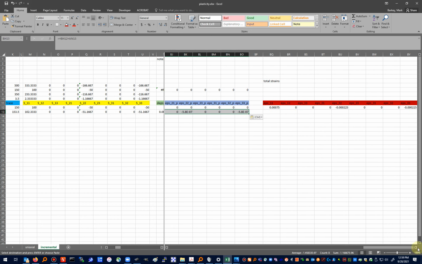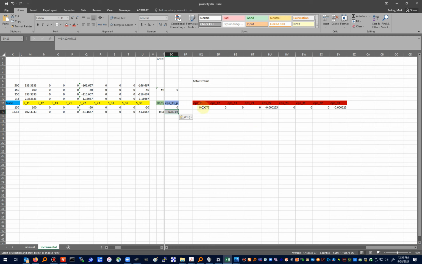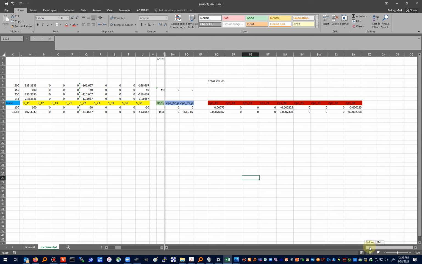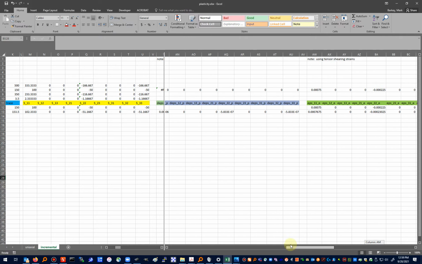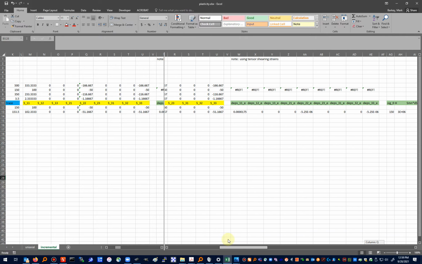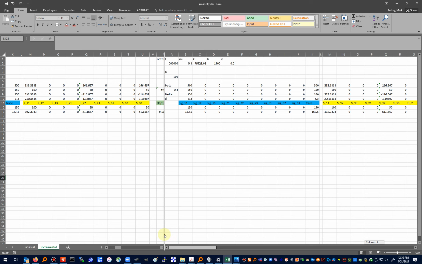And then our total strain at the new increment is going to be this one and that one. Alright, so this one and that one, I'm not being terribly descriptive, but I think you see what I mean when I'm putting these things in here. Alright, now I think we're set up to do a major copy and paste. Let's get rid of this.